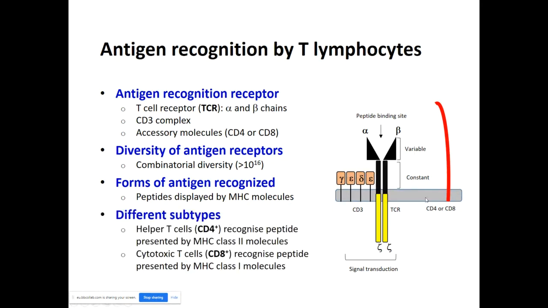And finally, if the T cell has a CD4, it's only going to recognize MHC class 2 molecule presenting the microbe. If the T cell receptor complex has CD8, it's going to be a CD8 cell, and will only be able to recognize microbe presented by MHC class 1. So you see the selectivity of this T cell and antigen presenting cell interaction.